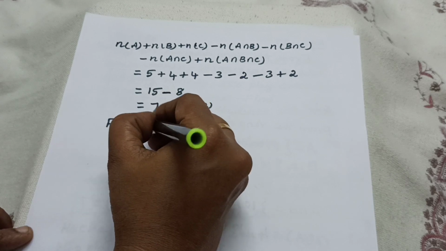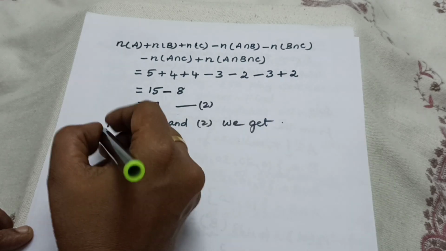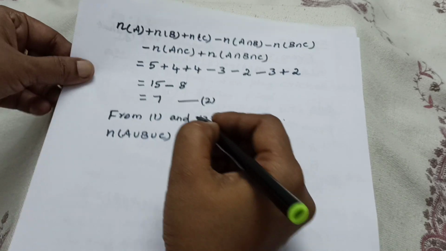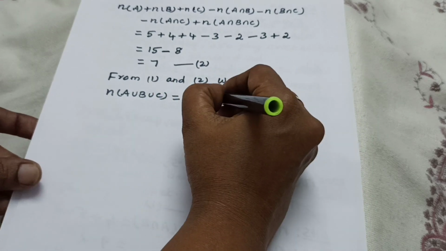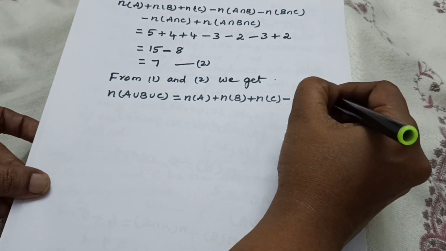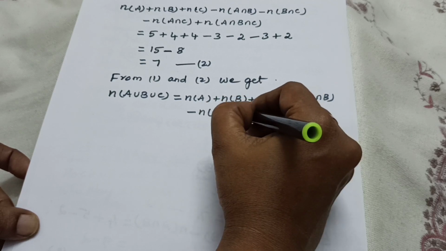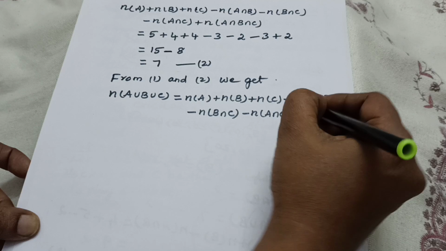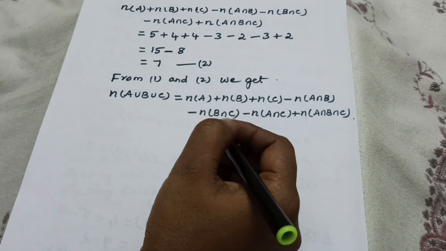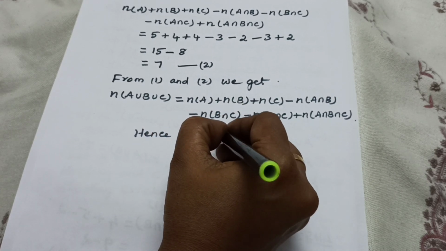So from 1 and 2 we get N of A union B union C is equal to N of A plus N of B, then plus N of C, minus N of A intersection B, then minus N of B intersection C, then minus N of A intersection C, then plus N of A intersection B intersection C. Hence verified.